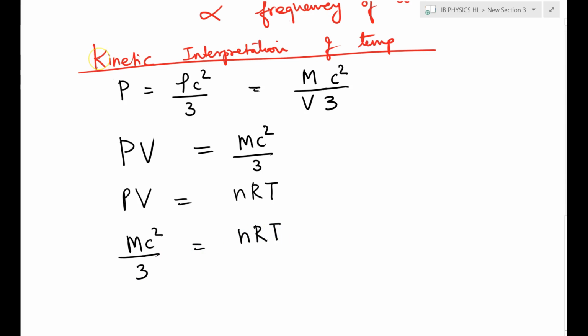But my goal is to determine the kinetic energy of the gas. And we know kinetic energy is mc squared divided by 2. So I want a 2 in the denominator and not 3. So I'm going to multiply both sides by 3 in order to get rid of this. So we have mc squared equals 3nRT. Well, that's still not what we want. We want a 2 in the denominator, so divide both sides by 2.